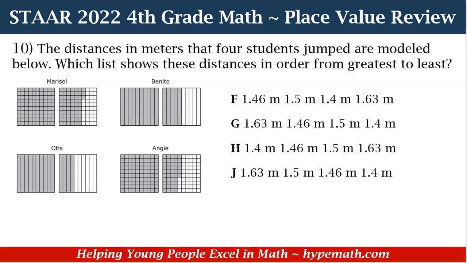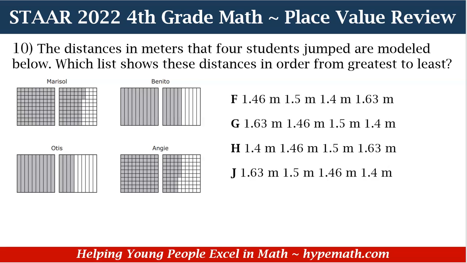For G, it's 1.63 meters, 1.46 meters, 1.5 meters, and 1.4 meters. For H, it's 1.4 meters, 1.46 meters, 1.5 meters, and 1.63 meters. Lastly, for J, 1.63 meters, 1.5 meters, 1.46 meters, and 1.4 meters.